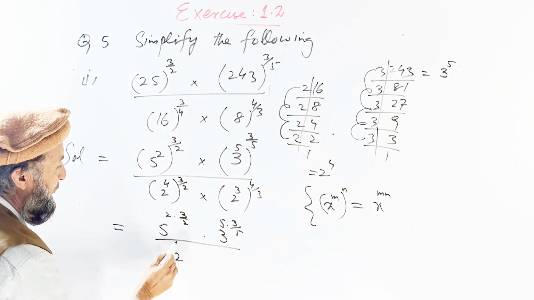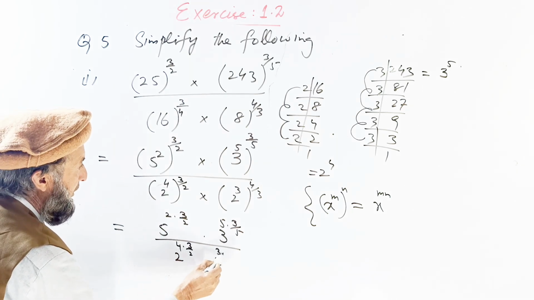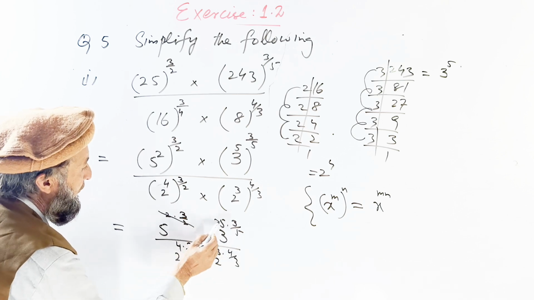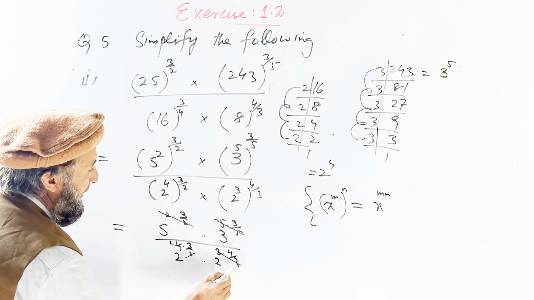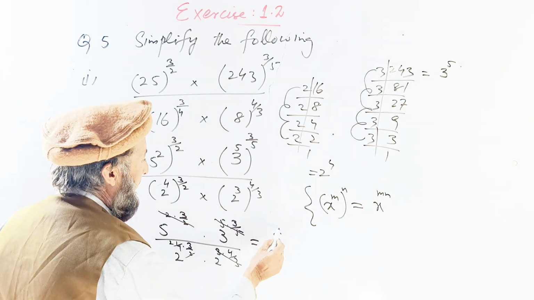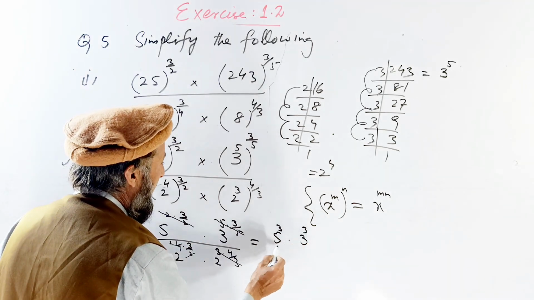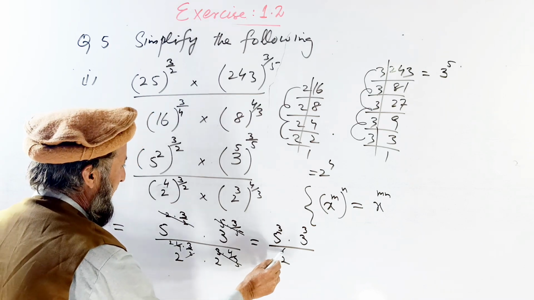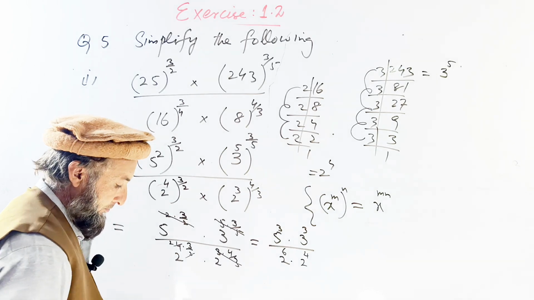Similarly here, 2 power 4 into 3 by 2 into 2 power 3 into 4 by 3. Now here 2 and 2 are cancelled, 5 and 5 are cancelled, and 4 and 3 are cancelled. We get 5 power 3 into 3 power 3 divided by 2 power 2 multiplied by 3, we get 6, and 3 multiplied by 4.